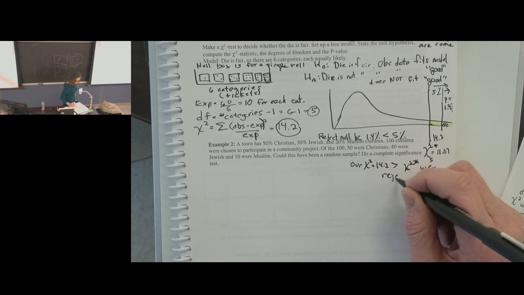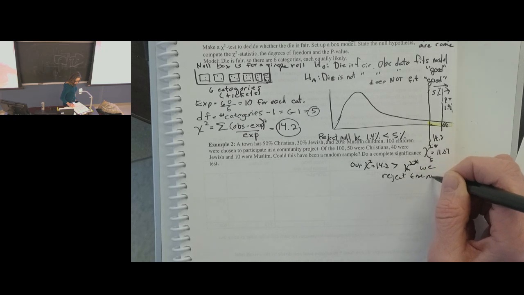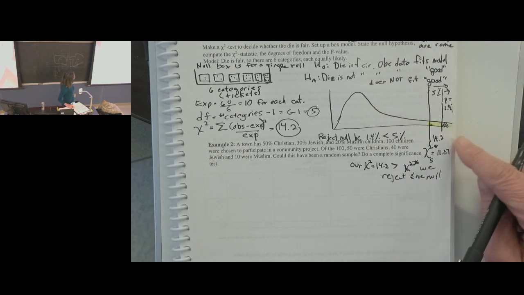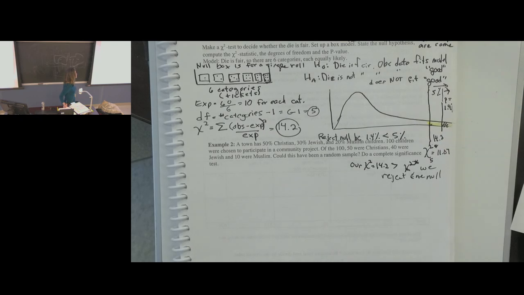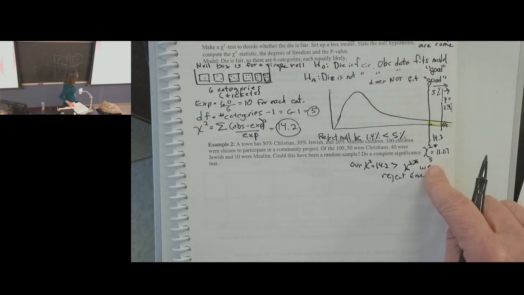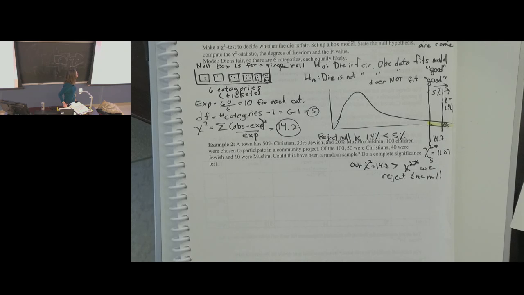It's the same thing. Because if it's further out on the tail, you're going to get a smaller p-value. So that's the same thing as that. Any questions?